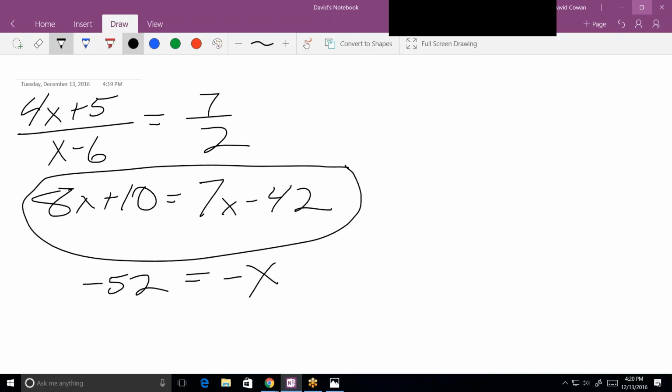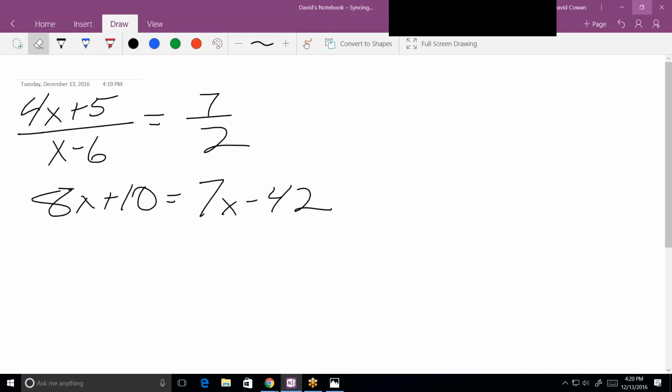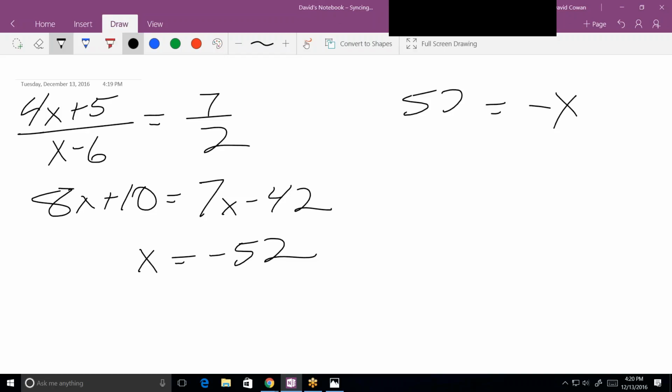Okay? Notice that if I bring my variables to the left, I immediately get x equals minus 52. Excuse me, you would have ended up with minus x equals 52, and then you have to divide both sides by minus 1.